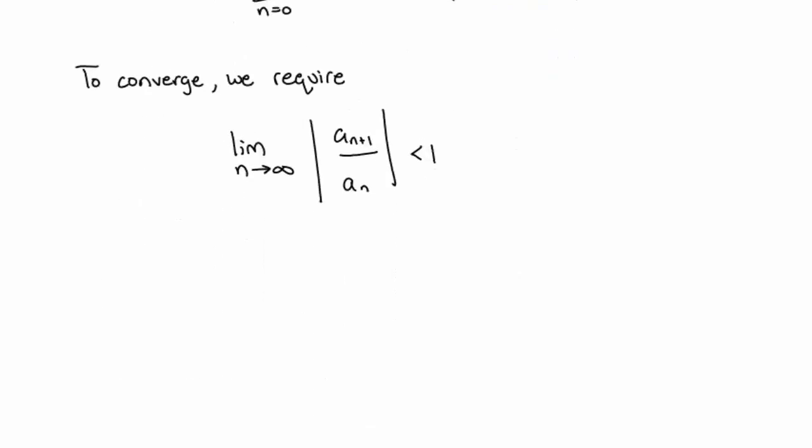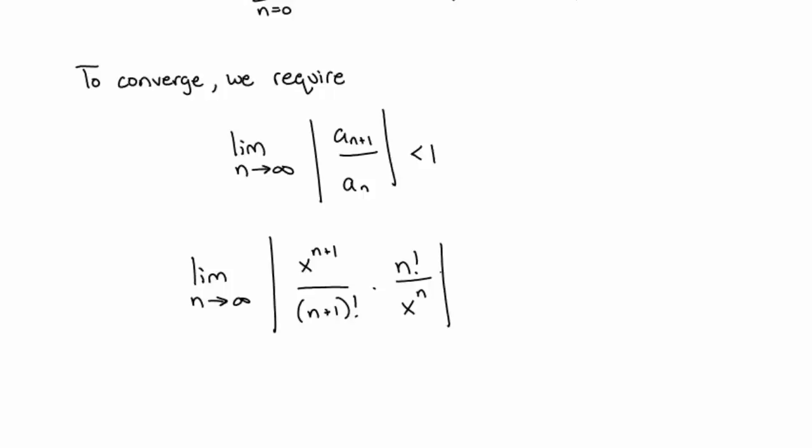So we're going to evaluate the ratio of the n plus 1 term to the nth term. That is going to be x to the n plus 1 over n plus 1 factorial times the reciprocal of a sub n, so that's n factorial over x to the n.